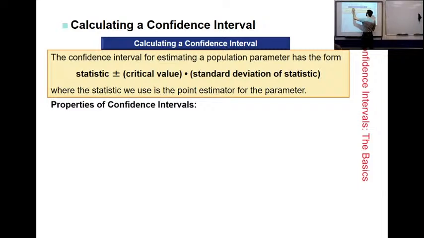This is usually some kind of z-score, times the standard deviation of the statistic. This is called standard error. So if it asks you to compute the standard error, it's asking you to use whatever standard deviation formula we're using. The entire part is called the margin of error.